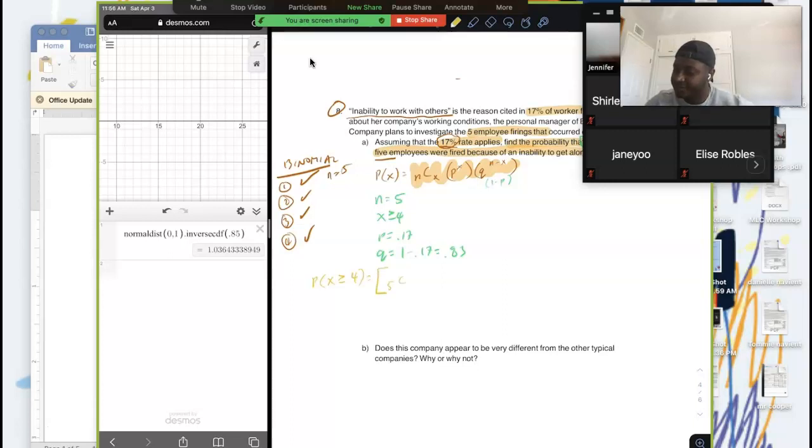It's going to be 5 choose 4, 0.17 to the 4th power, and then 0.83 to the 5 minus 4. So that's just for 4, and then we need the same thing for 5. So 5 choose 5, 0.17 to the 5th, 0.83 to the 5 minus 5.